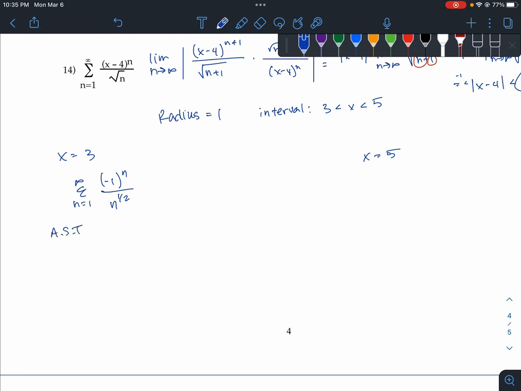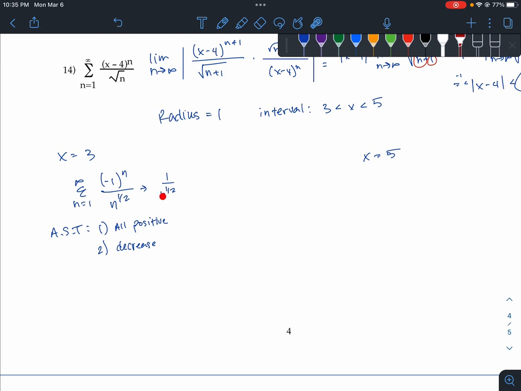Okay, so the alternating series test says that if you take the non-alternating part, so in this case 1 over n to the 1/2, three things have to happen. So 1, all positive. So in this case right here, if you start at 1, this would be 1 over 1, and if you keep counting each term, the series always has to be positive, so we're good there. Okay, 2, it has to decrease for each term, and that is going to be the case.